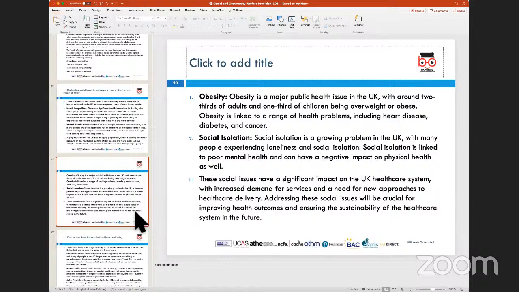And that would mean that the council, the local authorities, and the wider community, which is people, neighbors, friends, family members in and around that area, would need to come in and help out with the basic facilities or functions which the person needs to do in order to survive. So this would be termed as social isolation.